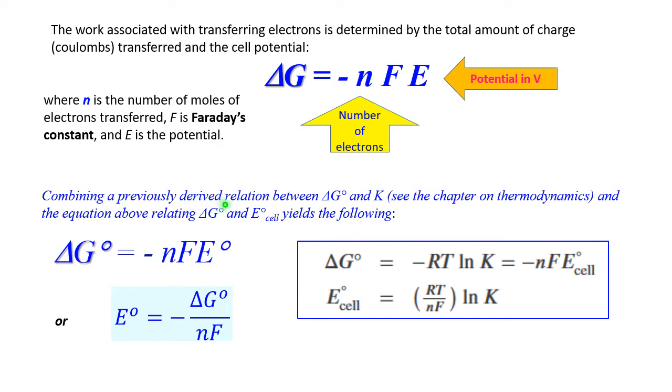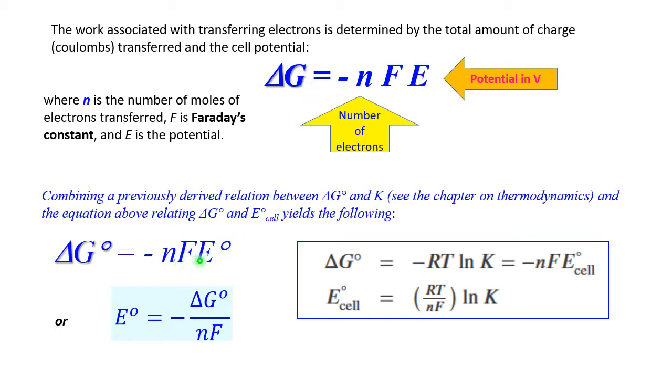Combining the previously derived relation between delta G0, the standard delta G, and the equilibrium constant, you can look back in the chapter on thermodynamics, the previous chapter, an equation relating delta G0 and E0, we have the following. First, for standard condition, delta G0 will be minus NF E0.